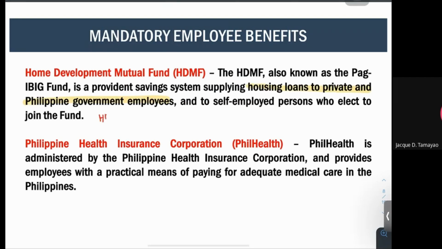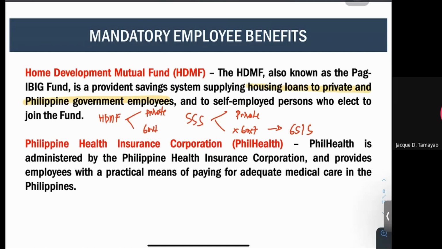Therefore, HDMF applies to your private and government, whereas SSS is only for your private, not your government, because for government, it is known as GSIS. Take note, the benefit is for housing.